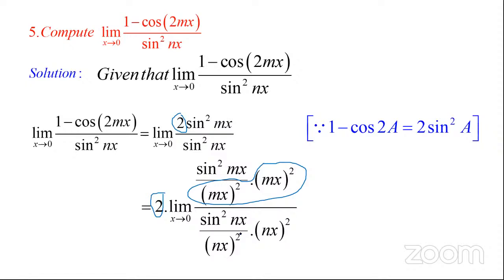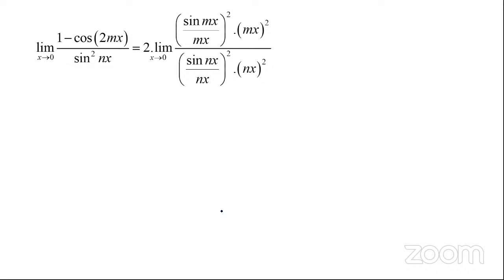Just multiply and divide with m square x square for the numerator, and n square x square for the denominator. So then the limit as x tends to 0 of 1 minus cos 2mx by sine square nx equals 2 into limit as x tends to 0. This value is sine square mx by m square x square from the previous slide, so I can write this as a square by b square, that is a by b whole square.